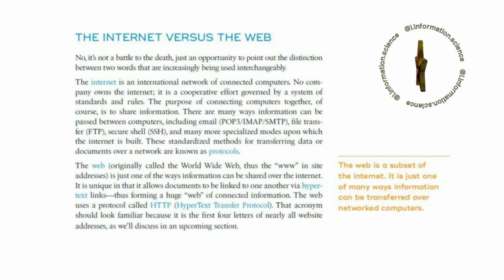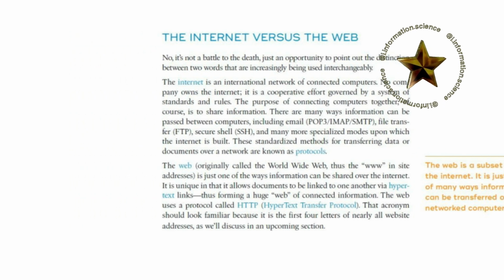The web uses a protocol called HTTP, Hypertext Transfer Protocol. That acronym should look familiar because it is the first 4 letters of nearly all website addresses, as we'll discuss in an upcoming section. The web is a subset of the Internet. It is just one of many ways information can be transferred over networked computers.